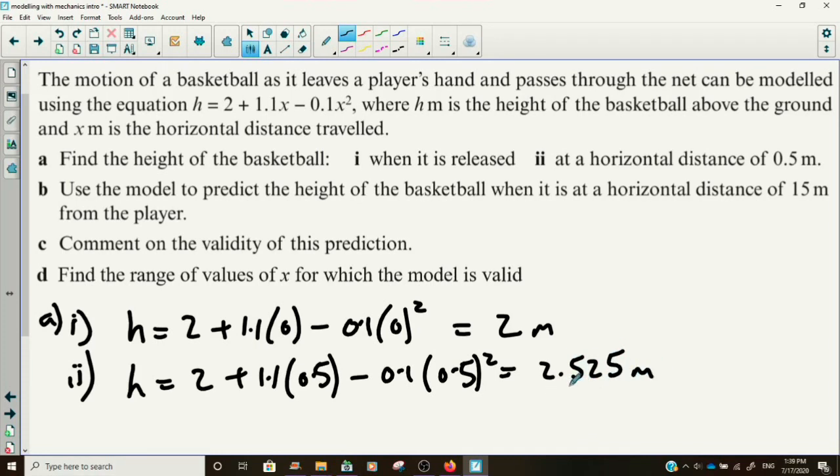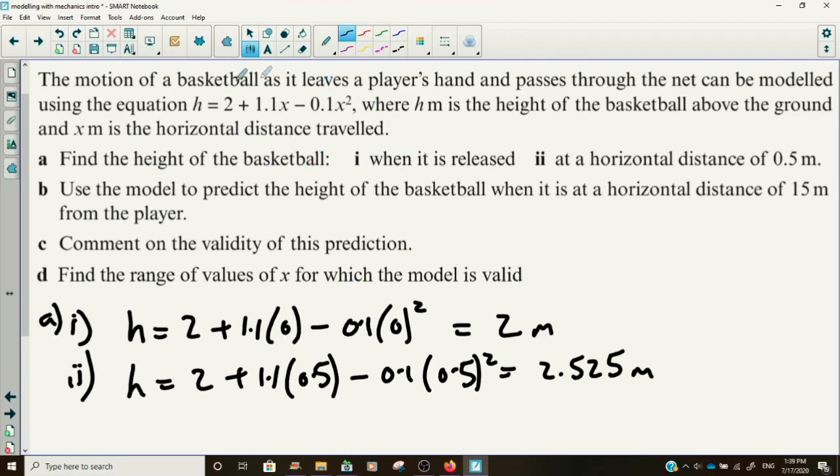Okay, it might be a good idea just at this point to talk about accuracy of your answers. In pure maths, all your answers need to be exactly accurate, sometimes answers in terms of surds or fractions, not decimals. In mechanics, it's slightly different because sometimes we use, for example, gravity, and we're approximating gravity in maths as 9.8, which means that the final answer should really be approximated to 2 significant figures.